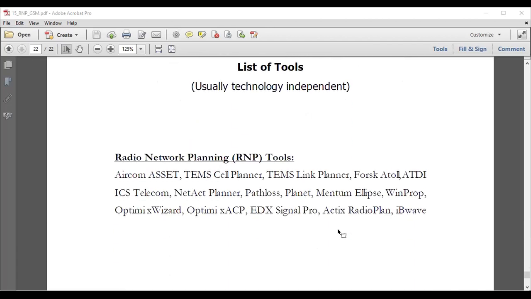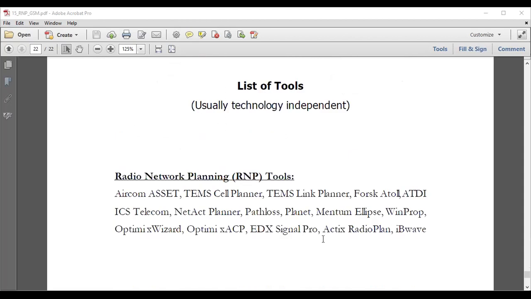Now, different tools are used for radio network planning, and they also use different simulators, link level simulators, system level simulators, along with these tools. I've listed the popular tool names.